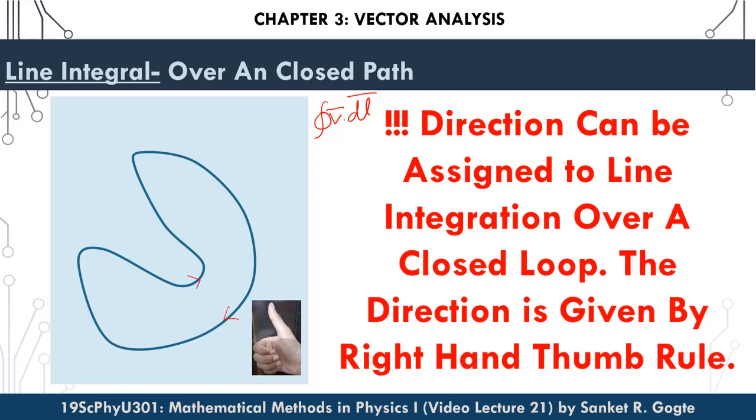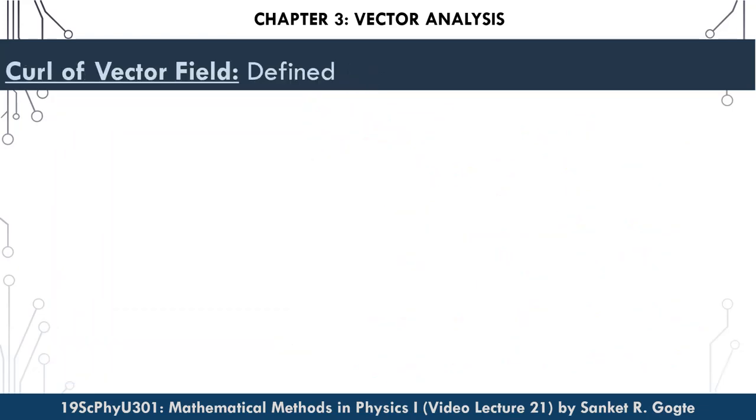Now note that when we assign direction to line integration in this way over the closed path, the direction of this line integration is always perpendicular to the plane containing that loop over which we are calculating the line integration. Now let's move on to the main topic of this video lecture, which is curl of vector field.